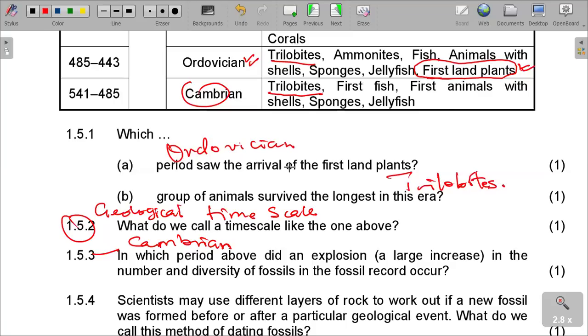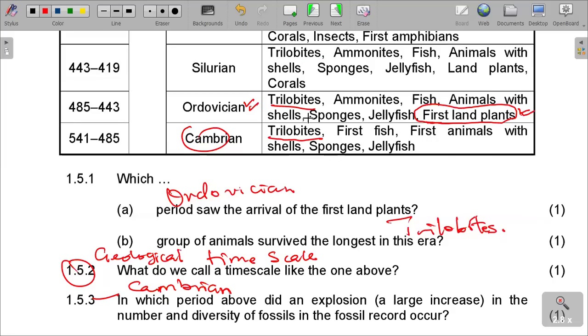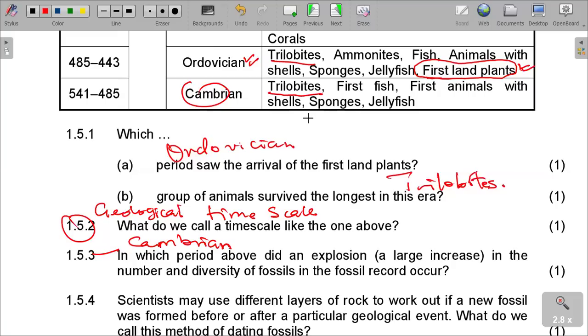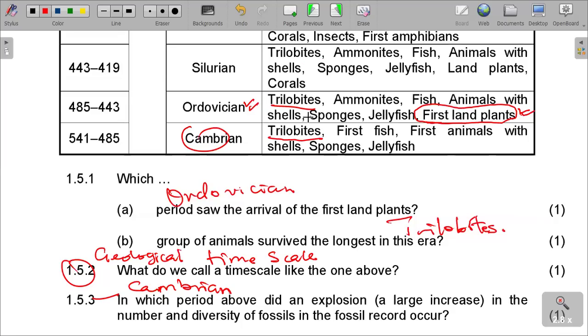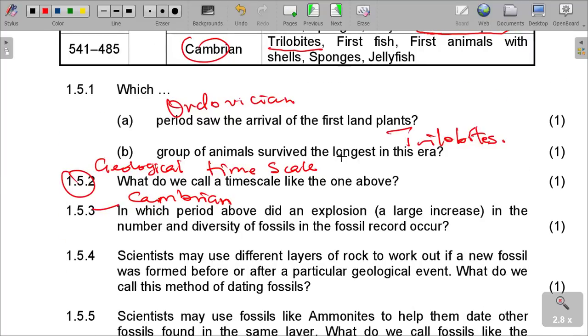As you can see there, we have got the first fish, the first animals with shells, sponges, and jellyfish. So that is the period where we have an increase in the number and diversity of fossils.